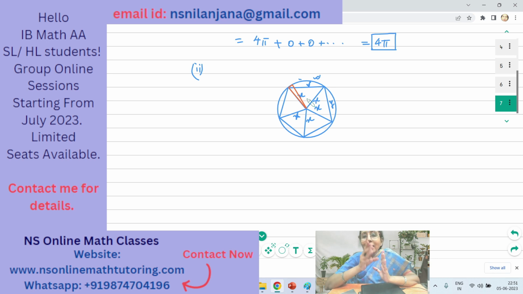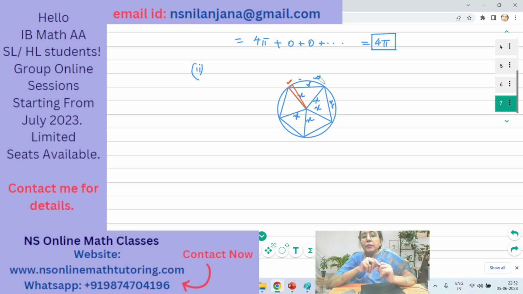So in that case, if we just add all the third sides of all the n isosceles triangles, we will be getting the perimeter of the circle. Because each third side is now coinciding with a small arc length, all the third sides of all the n isosceles triangles taken together will be giving us the perimeter of the circle.